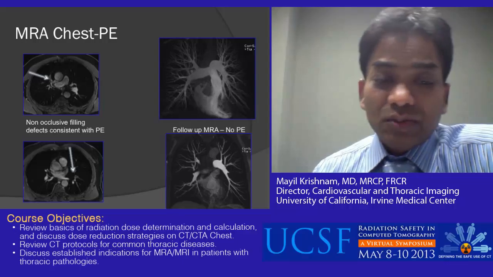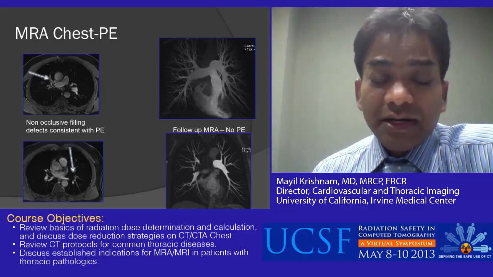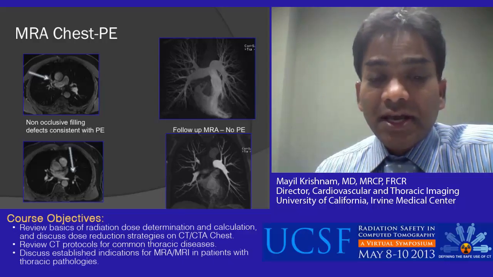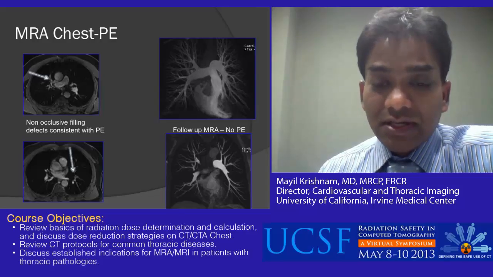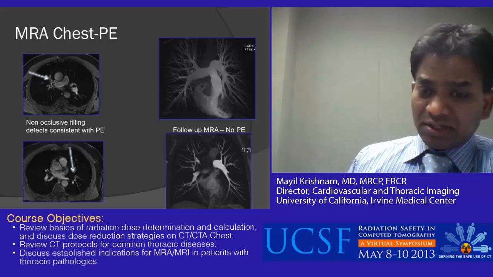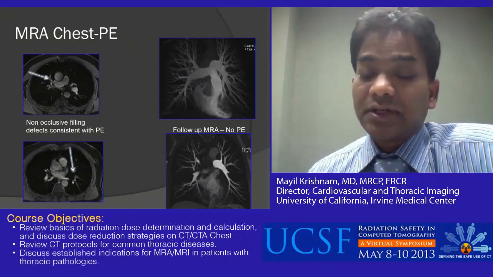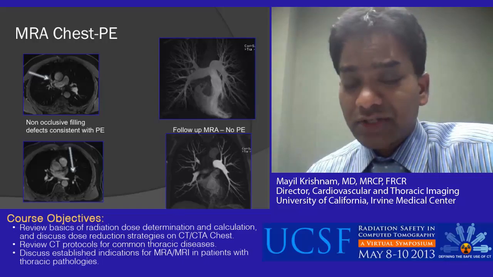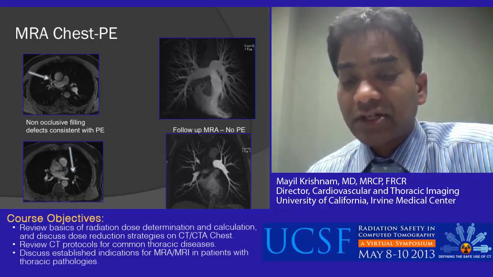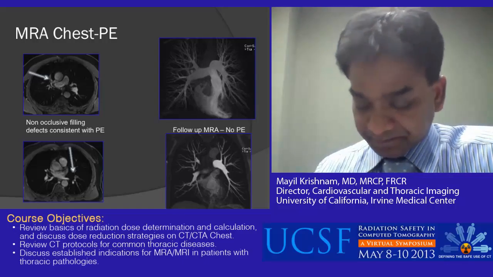This patient with breathlessness had a cardiac MR and was noted to have incidental non-occlusive filling defects in the pulmonary arteries, and was treated, and subsequently he didn't want to have a CT. Instead, he opted for MRA, and we did a very high resolution MRA which demonstrated no evidence of pulmonary emboli.